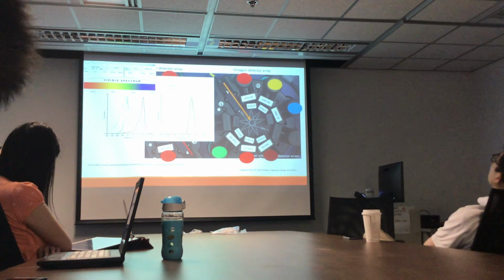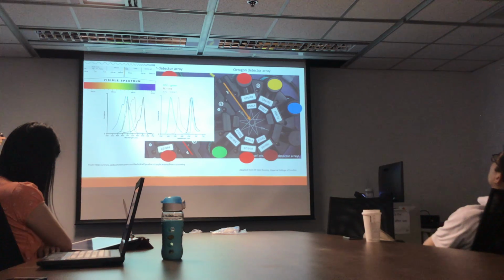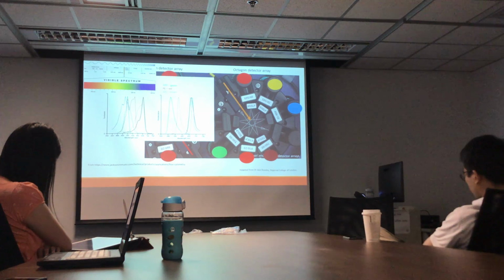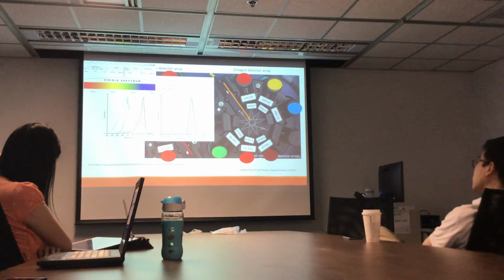This diagram is just to show that for the excitation peak, it's okay to use fluorophores with a very similar excitation peak. In fact, sometimes we do that on purpose because we want to excite both of them using the same laser beam.